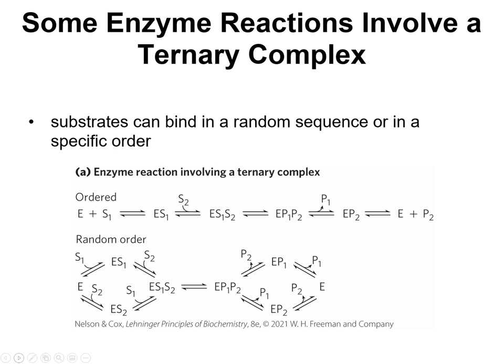It's complex because we're complex. So you can have different modes of binding, like ordered versus random, and you're not responsible for knowing that. But just understand that there are mechanisms out there where enzymes do a lot of things that don't fit neatly into the Michaelis-Menten theory.